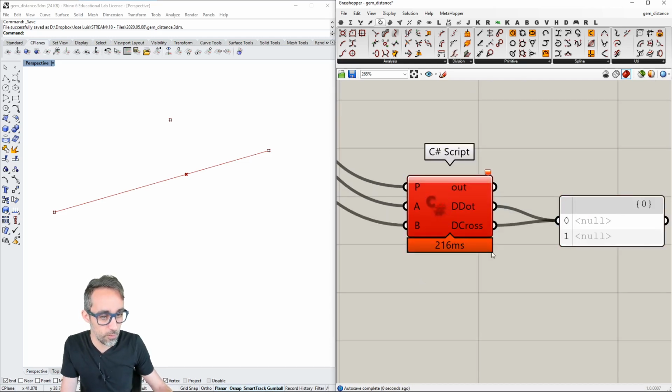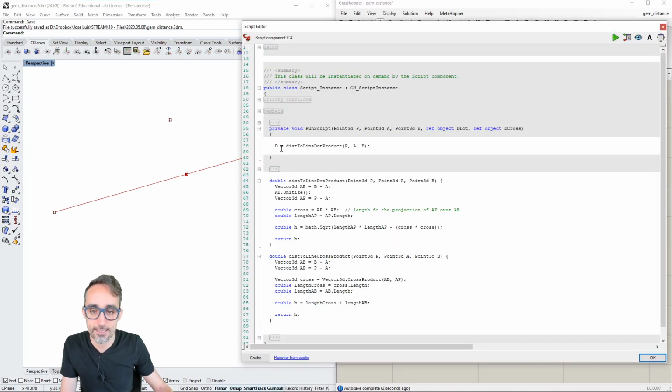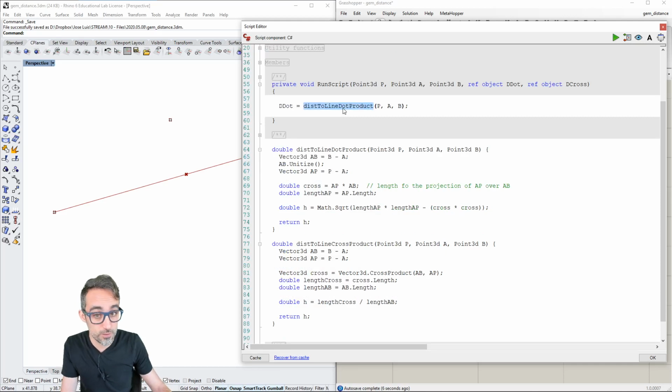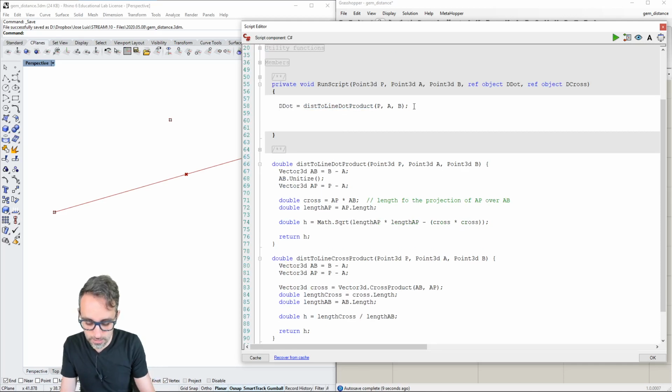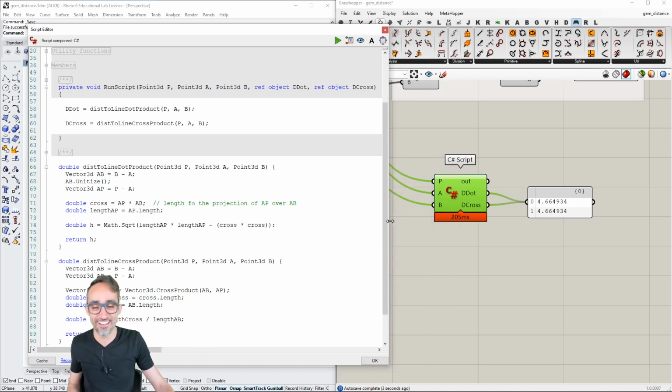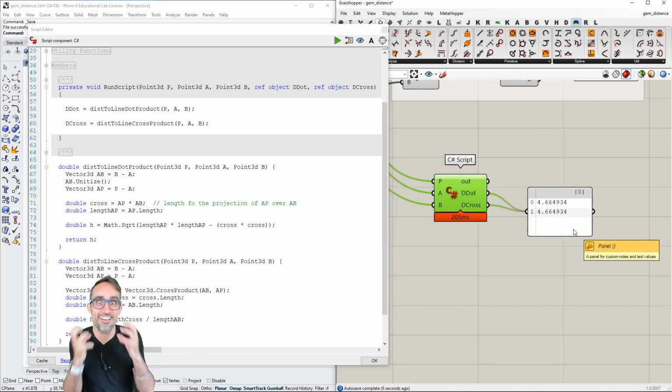I'm going to plug them both in here, and d dot is going to be equal to the function that we used before, but now d cross is going to be equal to this line, but cross product, and then P, the point P, point A, and point B. And let's see, boom, it works. Oh yeah, I love vector algebra. It's one of the coolest things in the world.